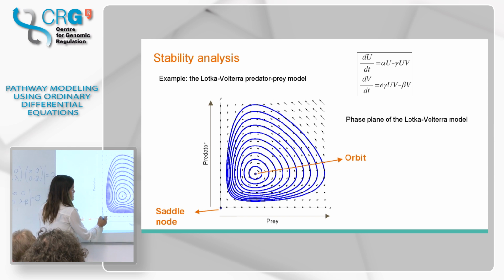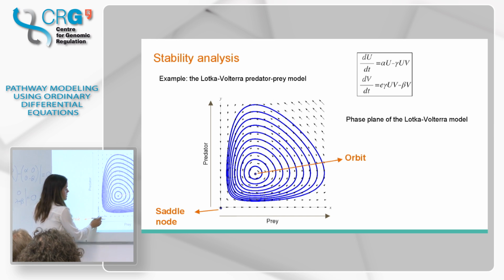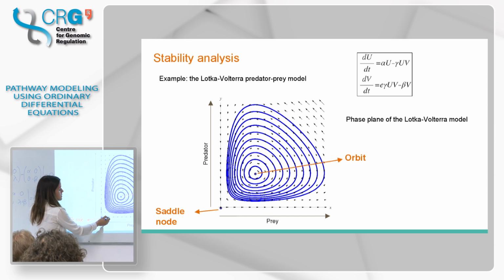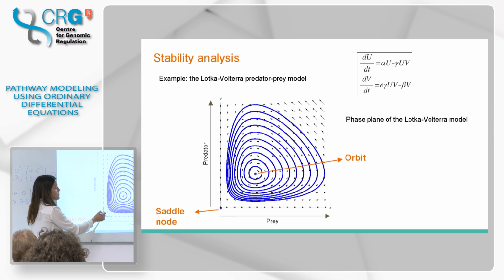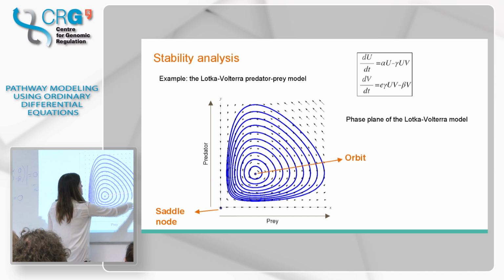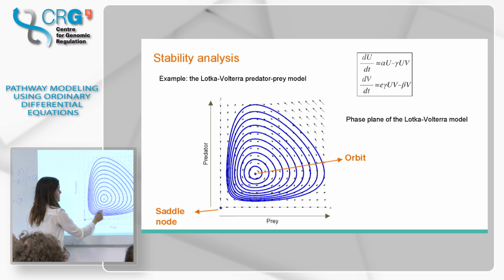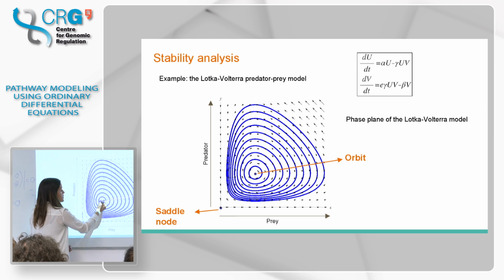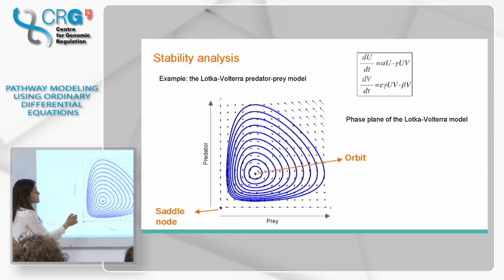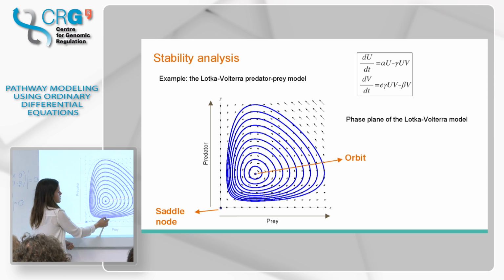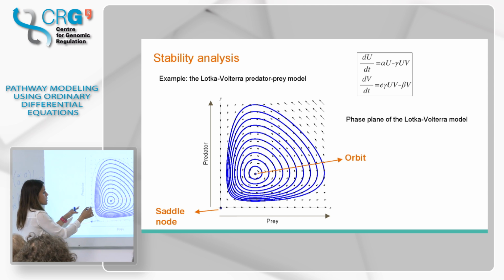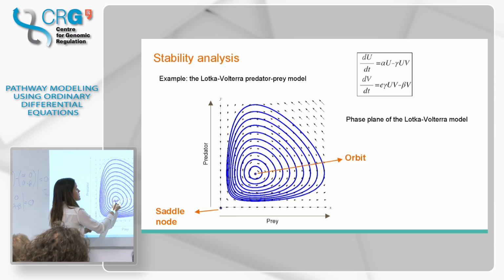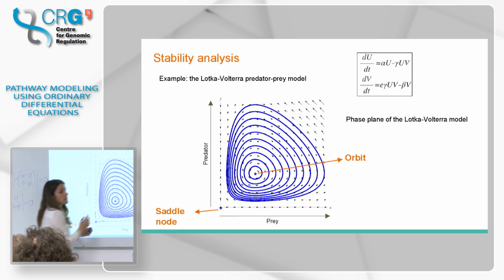However, if there is some prey, some predator will appear to convert this prey into predator biomass. So we will move here, and we will have this kind of orbits. And in this point, we are in the other steady state point. So in this point, we have this kind of equilibrium between the prey and the predator. But as soon as we move a bit outside it, we're going to have orbits around this equilibrium point.